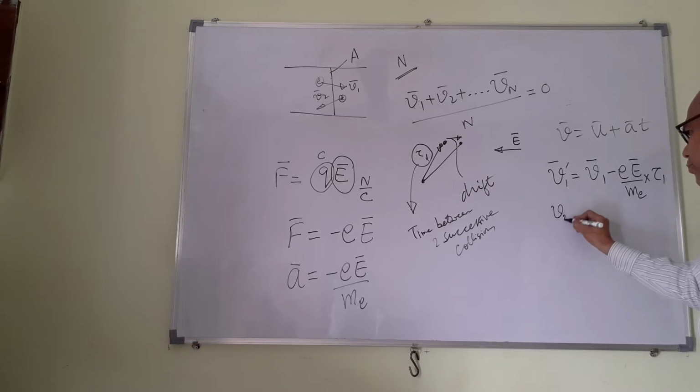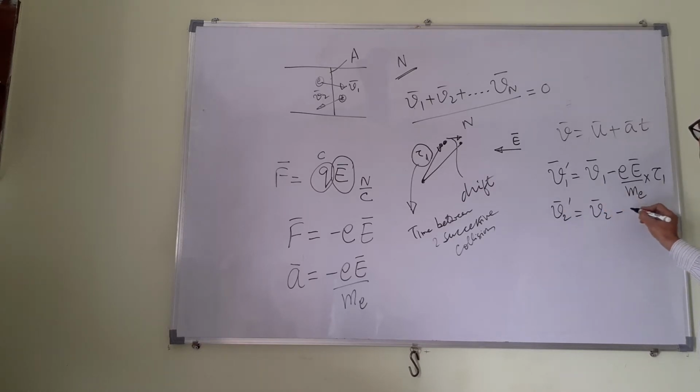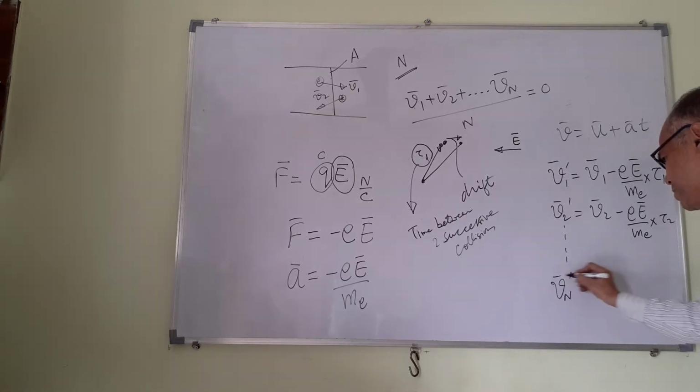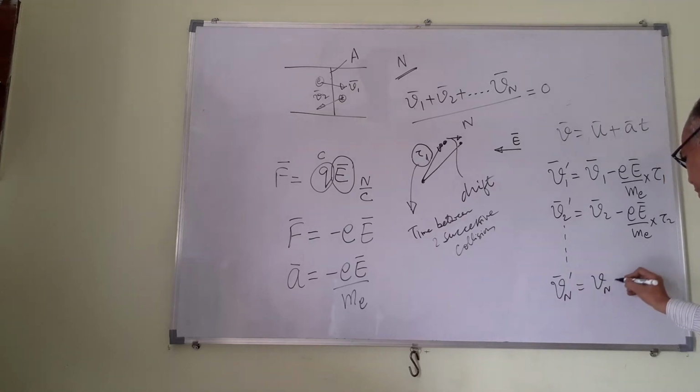Similarly, we can write for v2: v2 dash is equal to v2 minus e by me into tau 2. So on we can write up to vn: vn dash is equal to vn minus e by me into tau n.